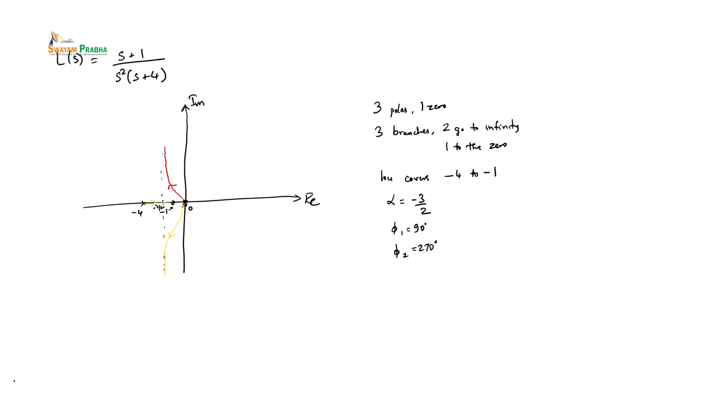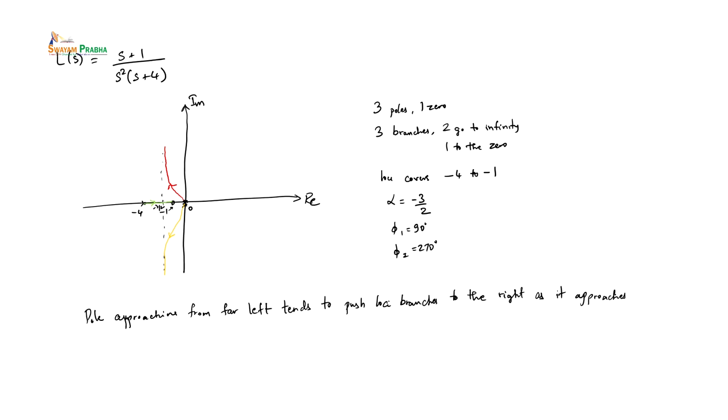So what we can conclude is that a pole approaching from far left tends to push loci branches to the right as it approaches the given locus.